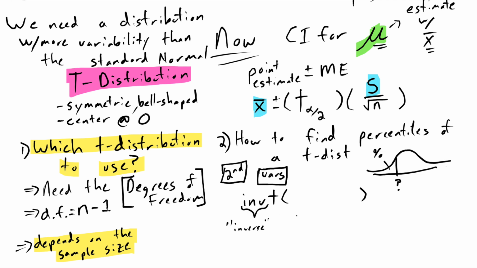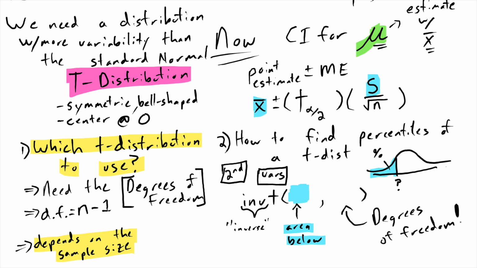And so the first number it needs, just like inverse norm, is going to be the area below. But instead of giving the mean and standard deviation, what do you think you're going to give? You guessed it, the degrees of freedom. The invT function only needs 2 numbers. And right now you might be thinking, my calculator is a TI-83 and I don't have this function.